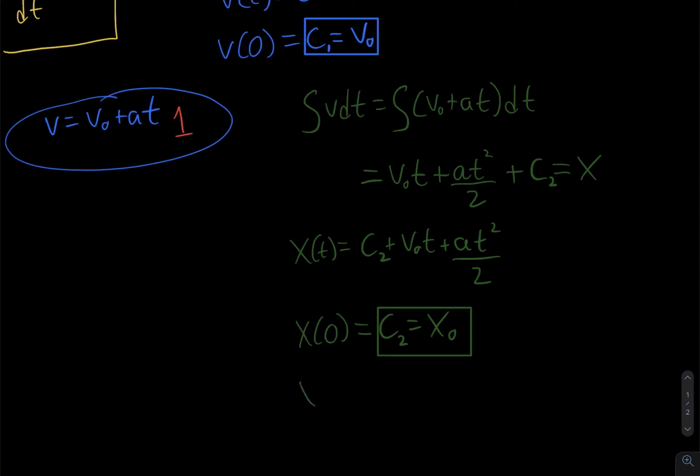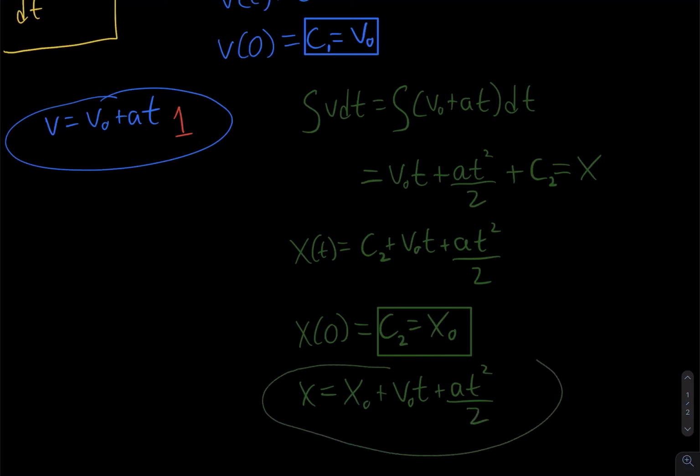So that's going to be x, and I'm not going to write the of t. We know it's a function of t. So x of t, x as a function of t, equals our initial position plus v naught t plus at squared over 2.